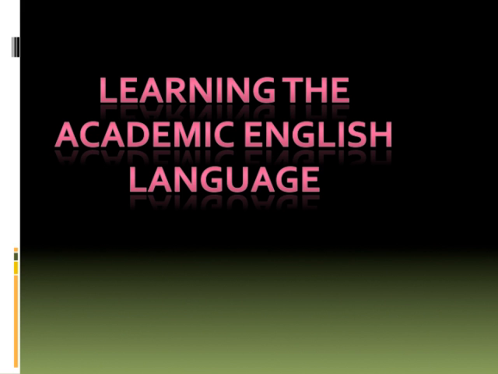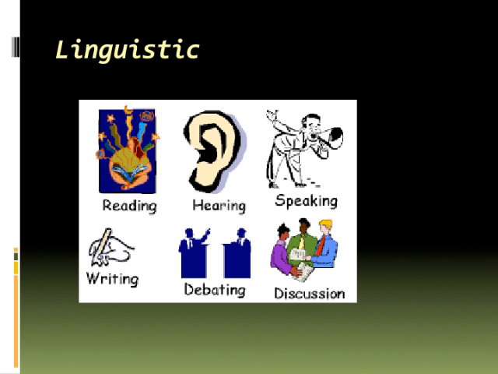Therefore, I have decided to assist my students in learning the solid foundation for the development of the academic English language. And in order to create that, I have decided to concentrate on the linguistic dimensions of academic English, which for me has all the components for the students to achieve this goal.